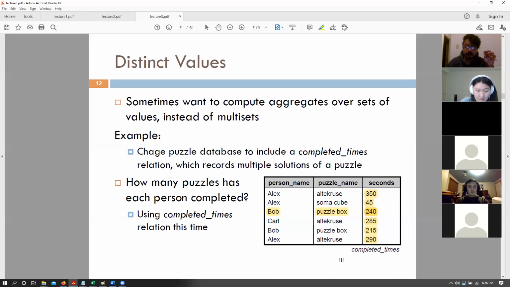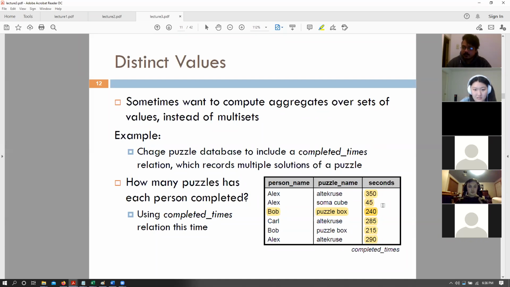Remember that they worked on the table, but none of these were able to compare one value with another value in the same table. We can say get me the row that has taken less than 50 seconds, right? In that scenario, Alex Somaku 45 would be selected.